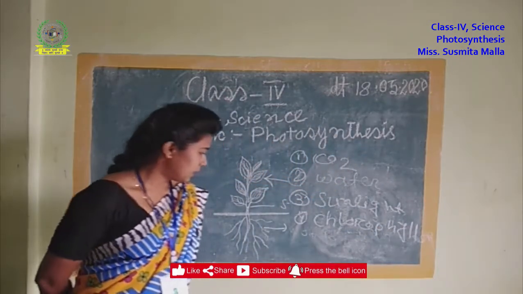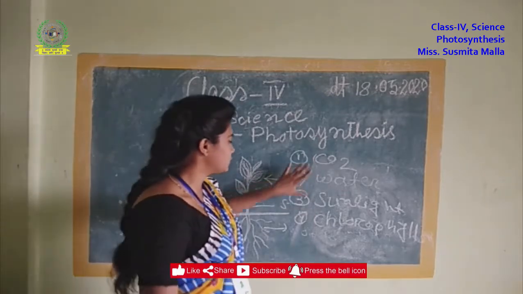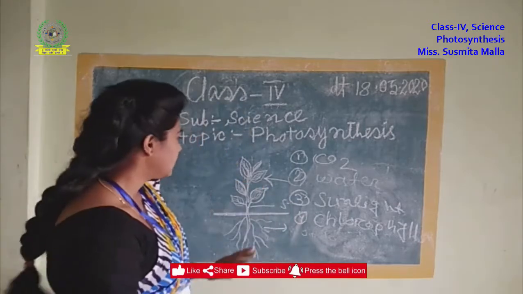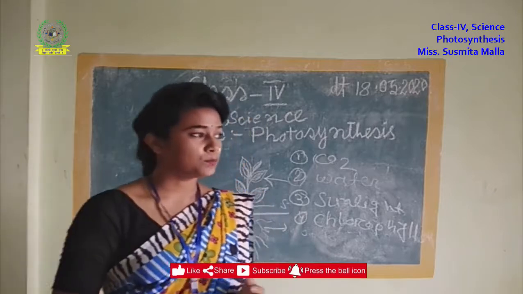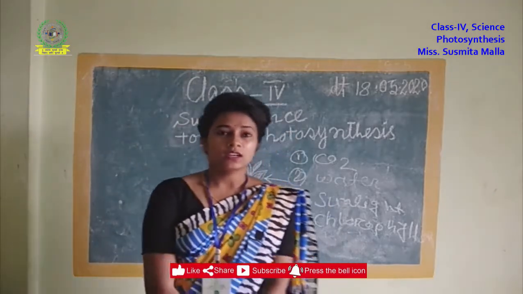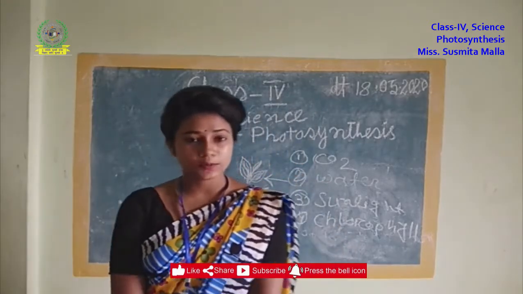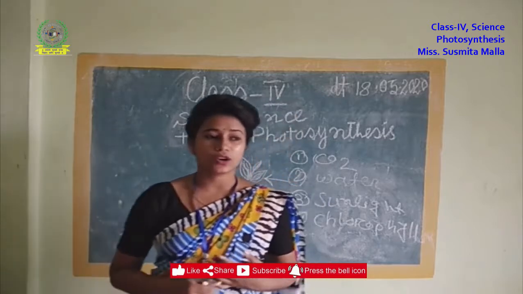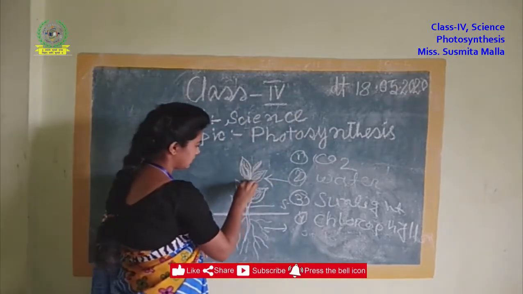Now I will discuss how green plants get these 4 ingredients from the atmosphere or environment. We know most plants are green. These leaves are green because they contain a green colored pigment called chlorophyll on their surface.